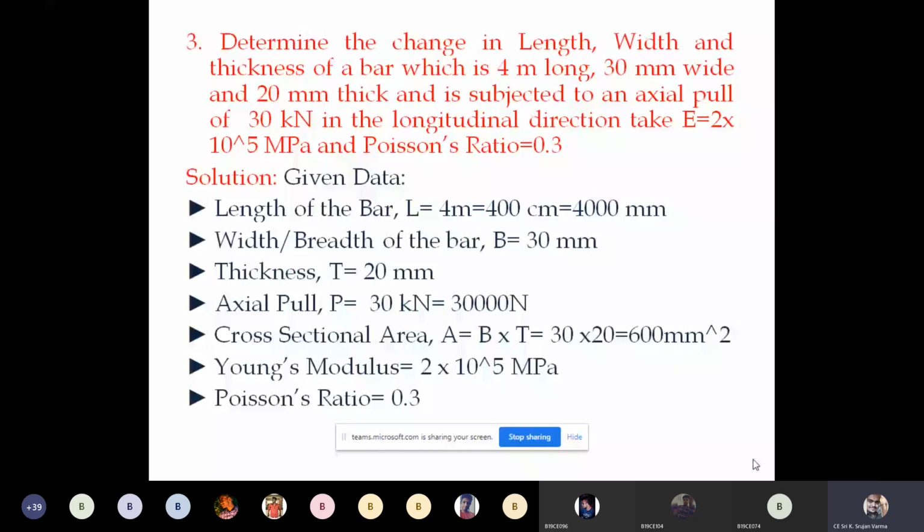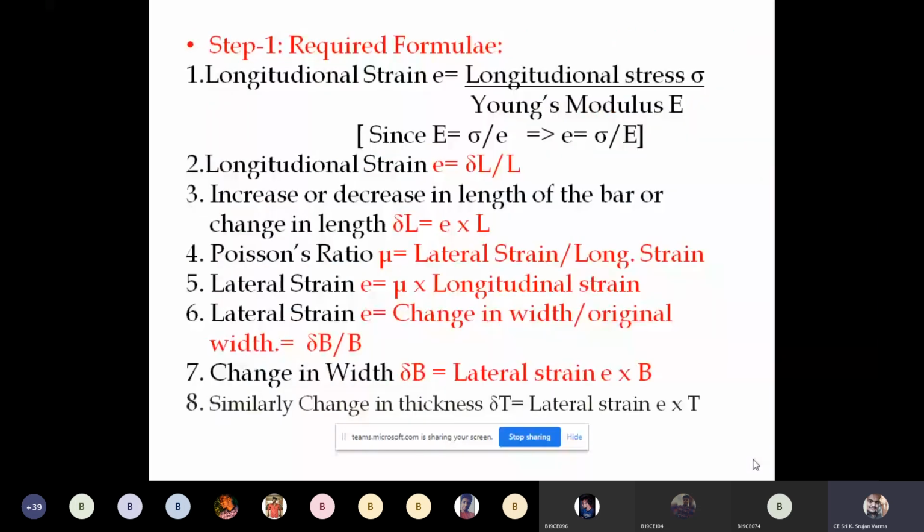Next, I'm revealing the formulas which are available to us. Required formula: longitudinal strain or lateral strain or any type of strain, whatever strain you take, the formula will be the same. Just look at the second formula, longitudinal strain. Longitudinal strain means it is along the length. Lateral strain means it will be along the width and thickness. Longitudinal strain will be along which direction?